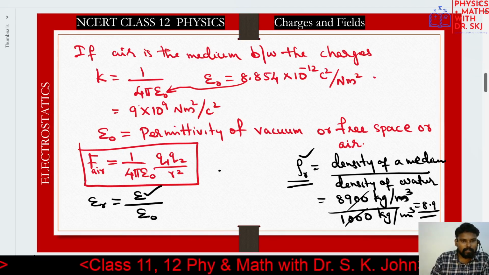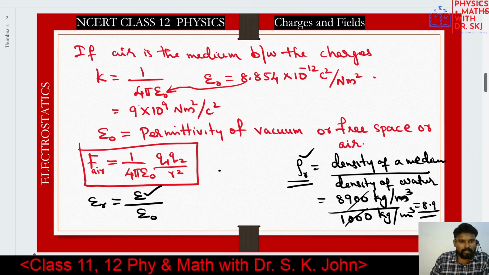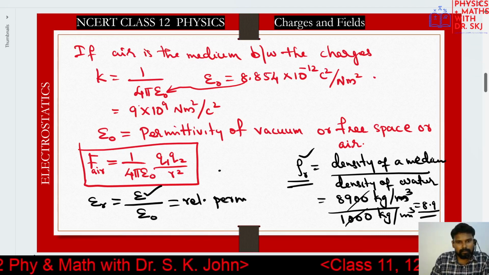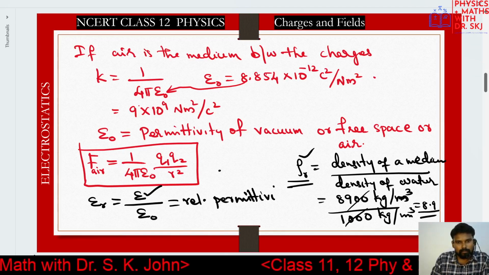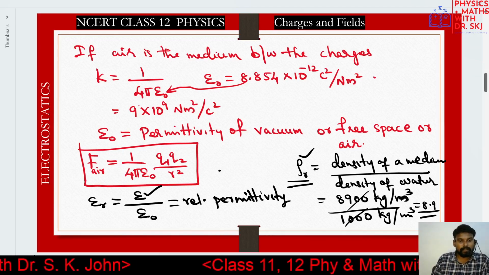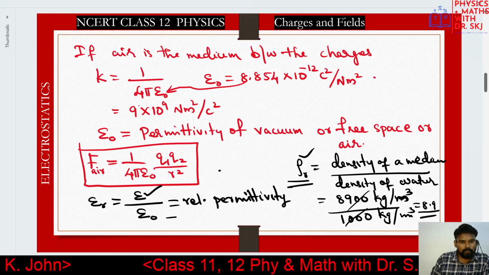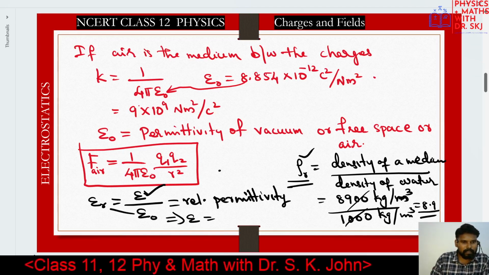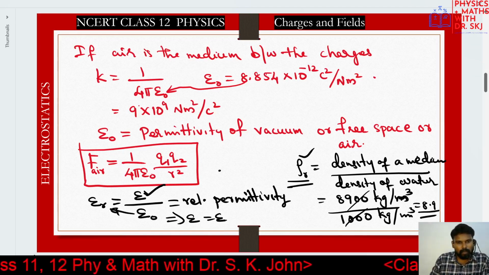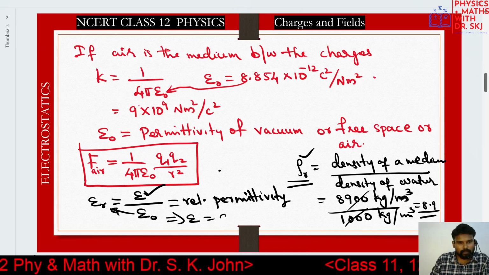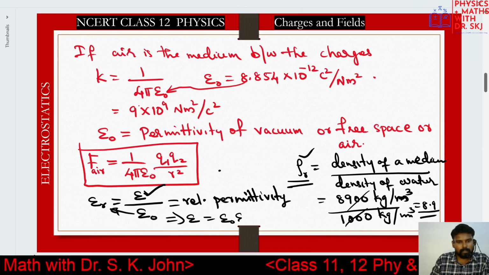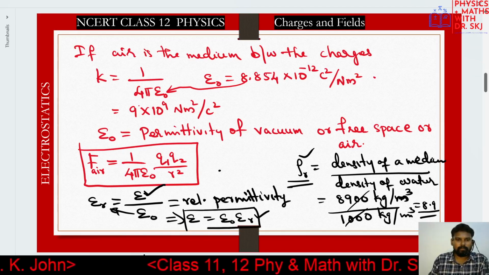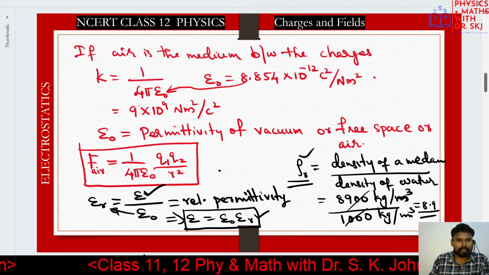This is the relative permittivity of a medium with respect to air or vacuum. So if you find the permittivity of the medium from here, you will get epsilon r into epsilon 0, or epsilon 0 into epsilon r. The permittivity of any medium can be written like this.